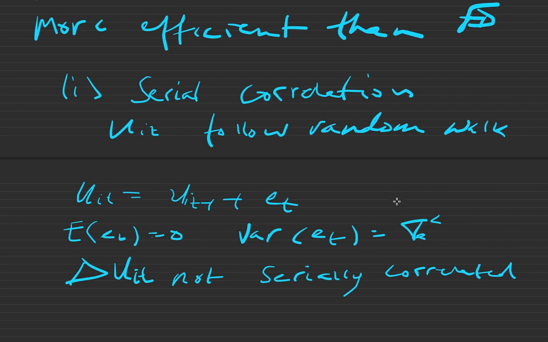So let's look at this. If we have a random walk, then taking the first differences fixes the serial correlation where the serial correlation is characterized by a random walk. So in this case, the first difference estimator is going to be better than the fixed effects estimator because there is no resulting serial correlation in the errors.